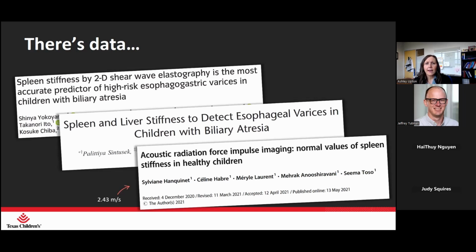But keep in mind that shear wave elastography numbers are vendor specific and they do not translate from vendor to vendor. It's also known that spleen elastography is higher than liver elastography numbers in healthy patients. So at baseline, the spleen is always going to be stiffer than the liver. I think there's a lot more to learn on spleen elastography and the value that it can add to patient care.